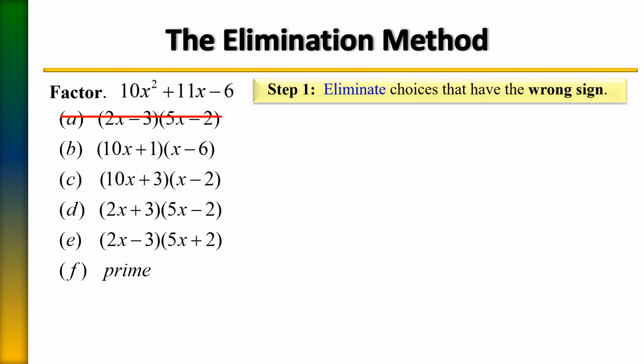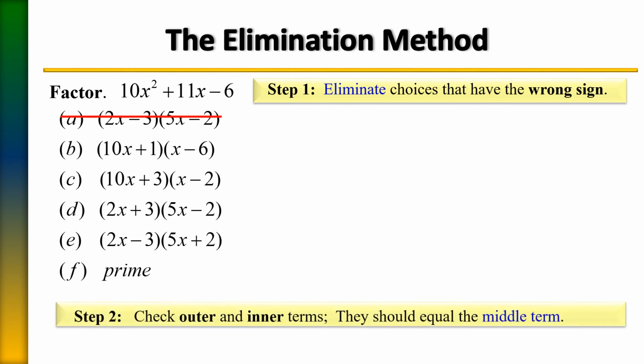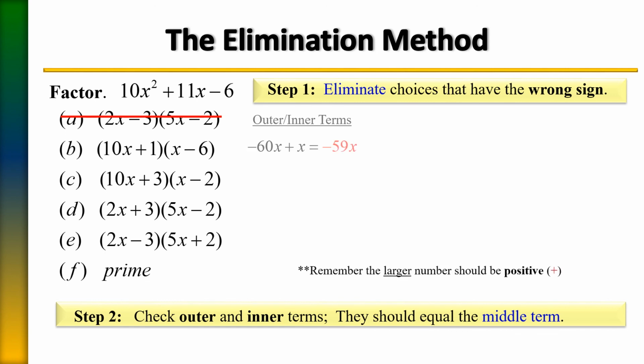If you combine outer and inner equals your middle term, then you know you have the correct pair as long as your first terms check as well. So let's go ahead and check outer and inner there of what's left. So of the B, choice B, outer is going to give me negative 60x. Inner is x.